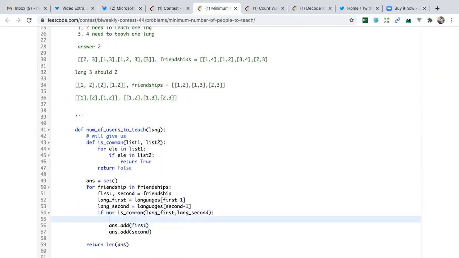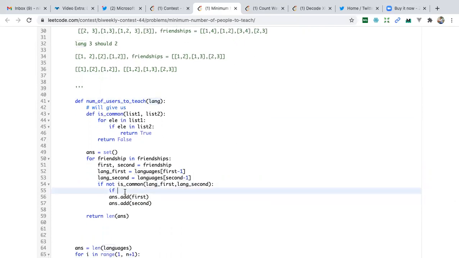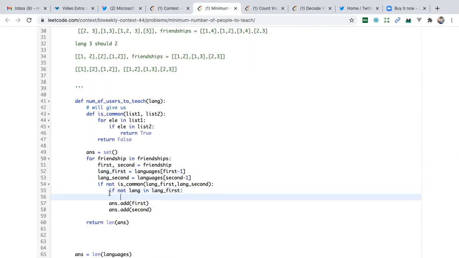Like if the language that we are going to teach is not in language first, then we need to teach, then we can add. Yes. And if not, because you don't need to teach if they already know the language.